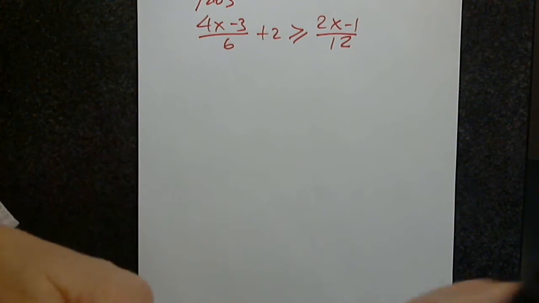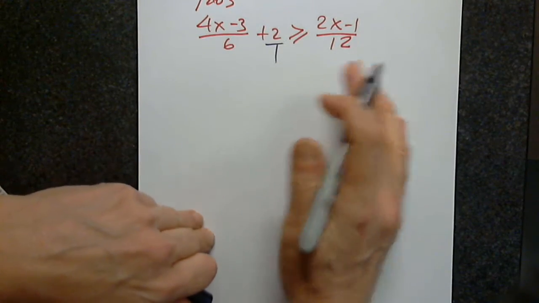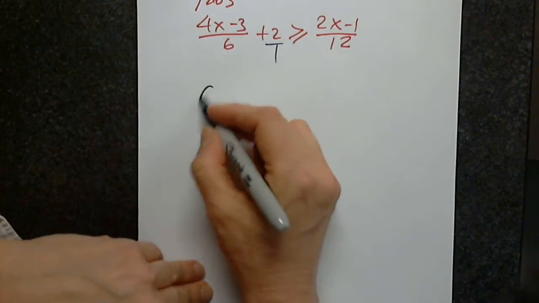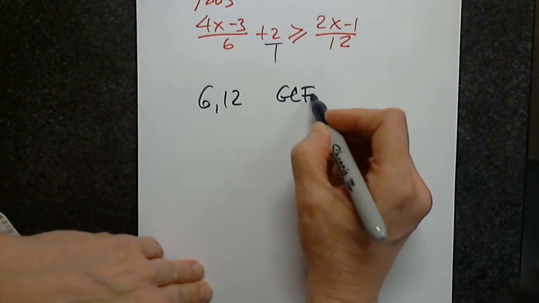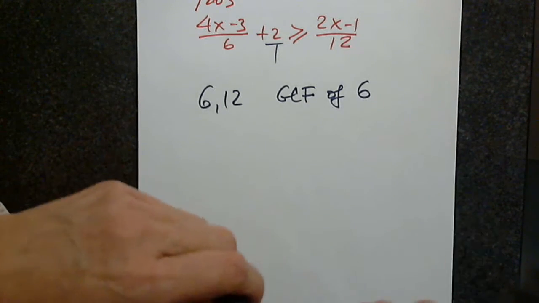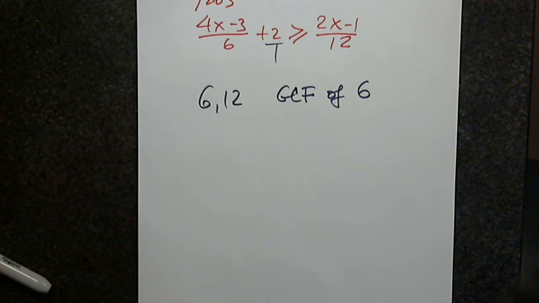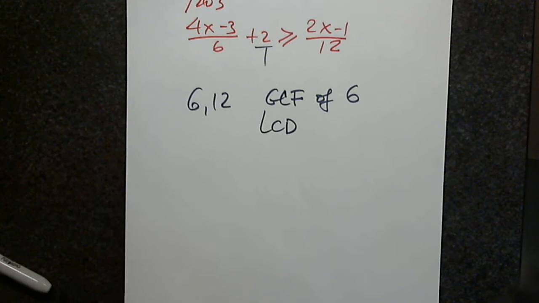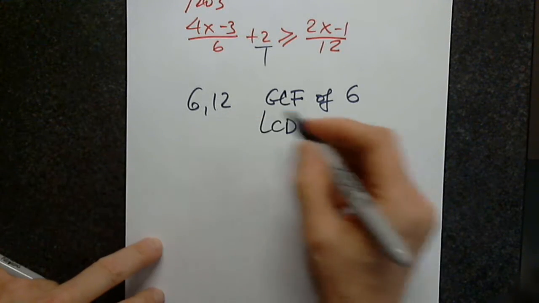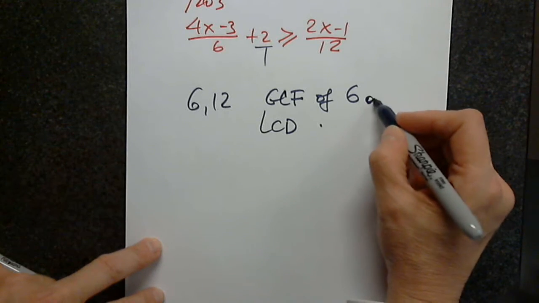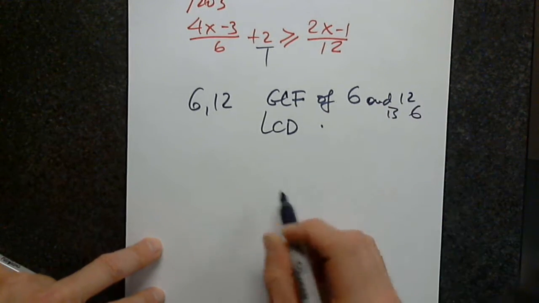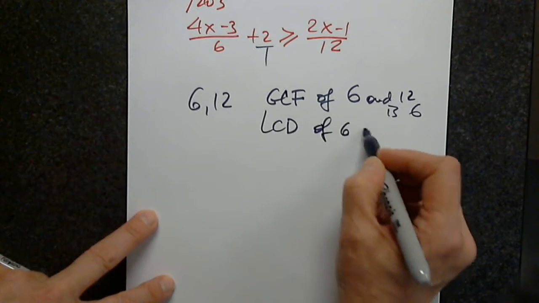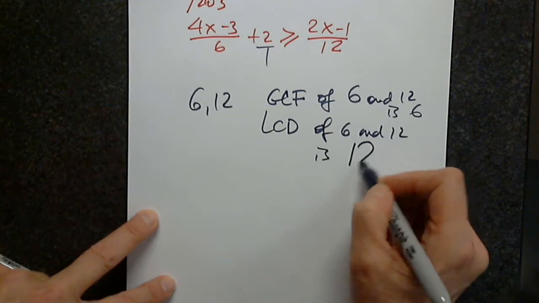Sure. So here I see three denominators, 6, 1, and 12. For now, of course, I can omit 1. So 6 and 12 have a greatest common factor of 6, 6 being the biggest number that both numbers are divisible by. But the least common denominator, or the least common multiple of 6 and 12, is 12.